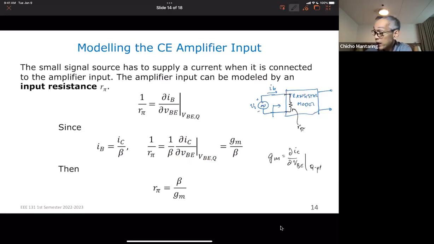So 1 over R of pi is simply G sub m over beta. Or R sub pi is just beta over G sub m. That is the resistance that will be seen by a signal source when I connect the transistor input to it. It will see a resistance equal to beta over Gm.